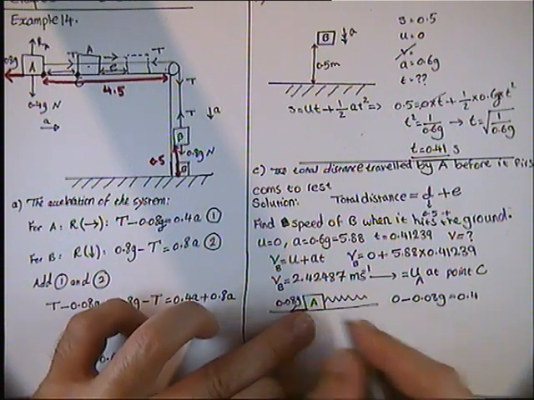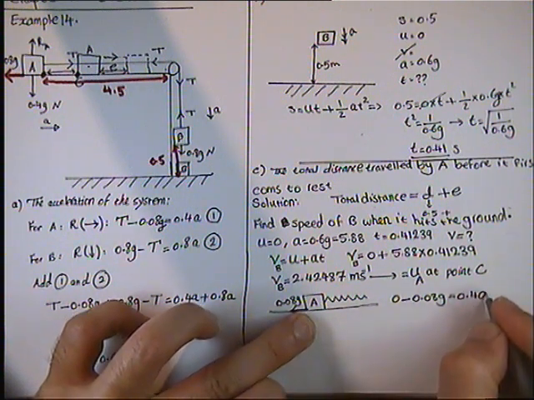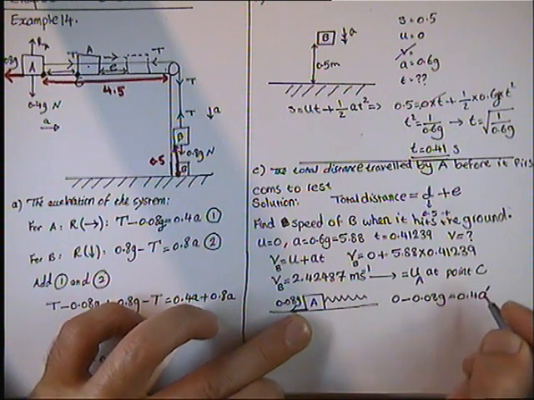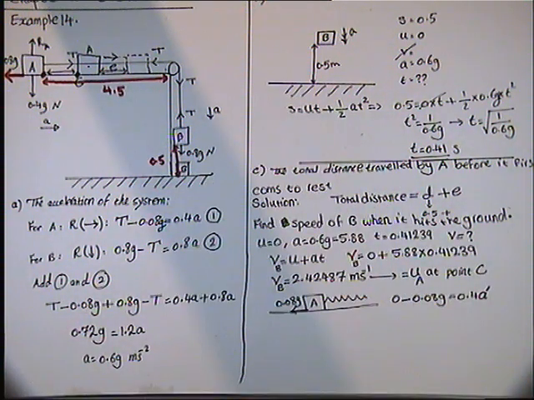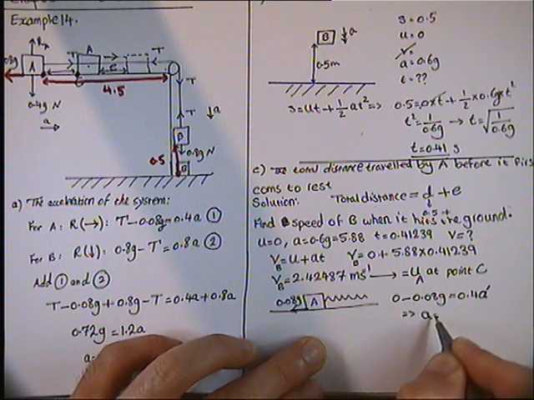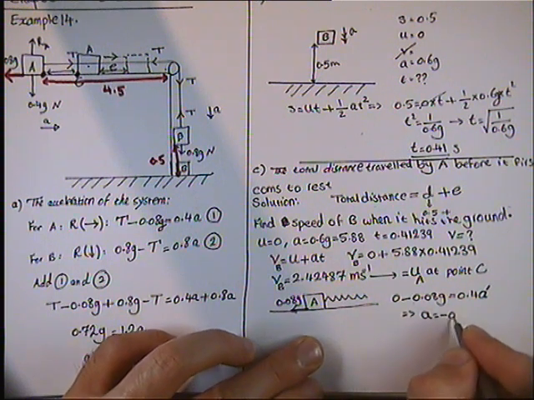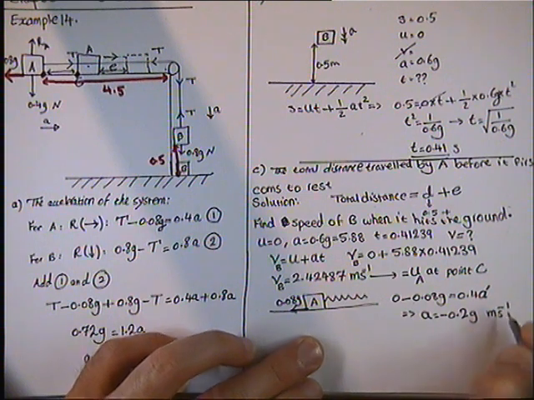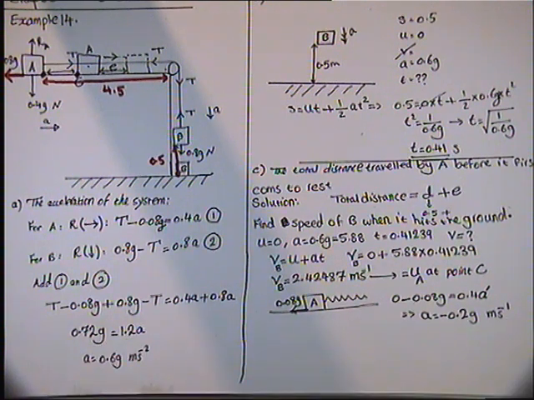I call this acceleration A dash or A prime, just not to mix it with the previous one. So A dash is equal to negative 0.2 g meter per second squared. It is negative because the speed is reducing.